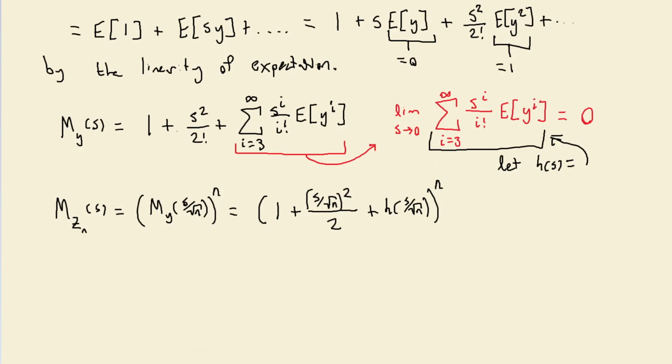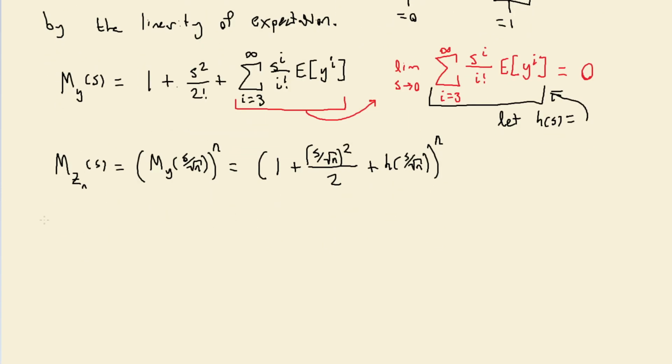And so now we are almost done. We just want to show that the limit as n approaches infinity of the moment generating function of z sub n is equal to the limit as n approaches infinity of this expression right here. I'm going to rewrite it just a little bit differently.